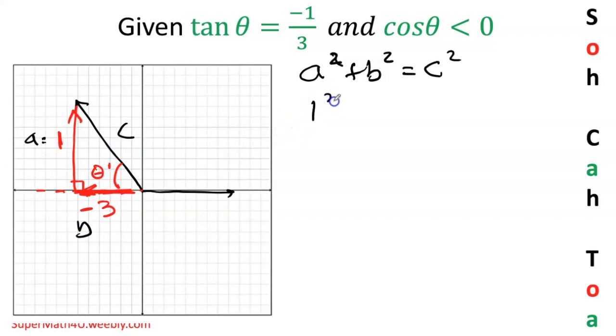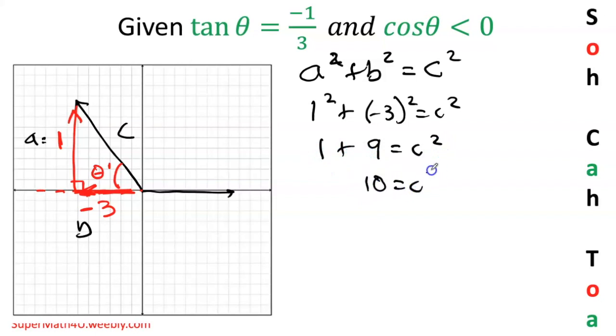So I have 1 squared plus negative 3 squared. 1 squared is 1, negative 3 squared is 9. 1 plus 9 is 10. My c is when I do square root on both sides. So my hypotenuse is square root of 10.